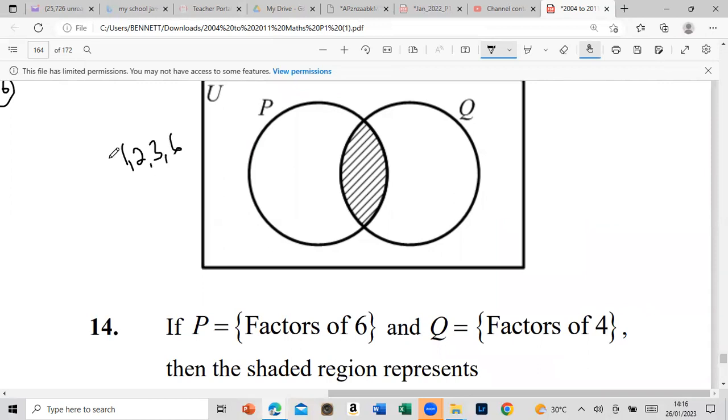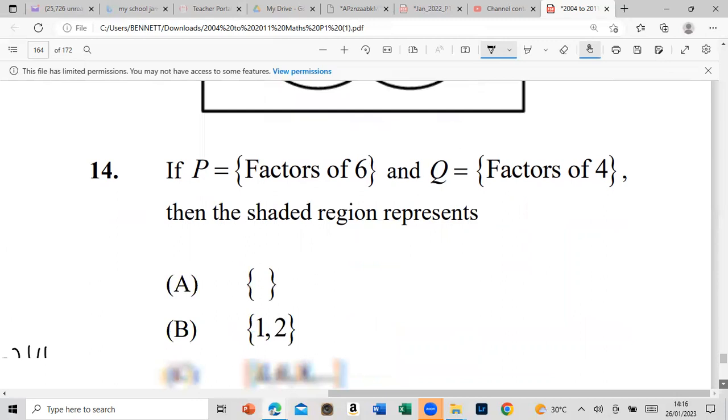And then factors of 4: 1, 2, and 4. So this is what the Venn diagram would look like. Here you would have 1 and 2. And then for this one you have 3 and 6. And for this one you have 4. So this is how it will look. So that's the answer.